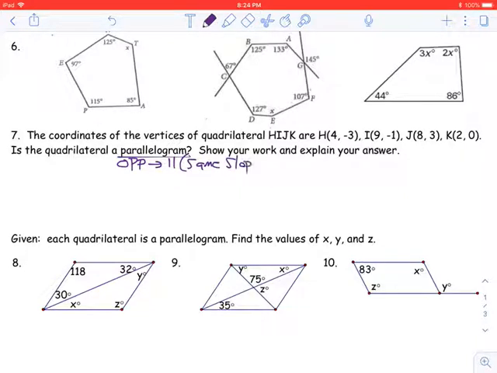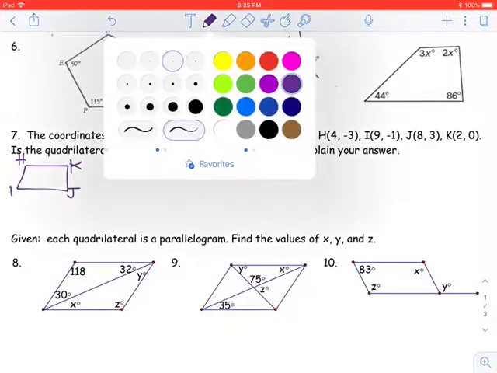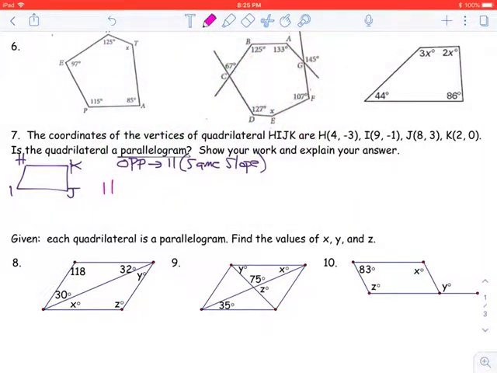So all we have to do here is what we did last week, which is find the slope between opposite sides. So the first thing I'm going to do is draw myself H, I, J, K. And now I'm going to find those sides. So HI and JK are opposite, so those need to be equal when I find the slope.